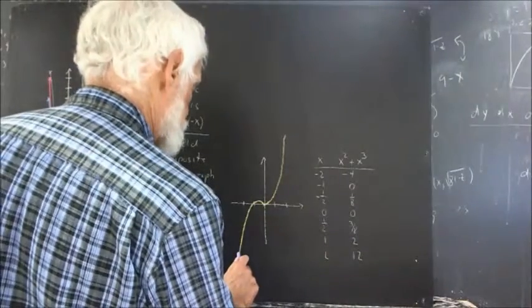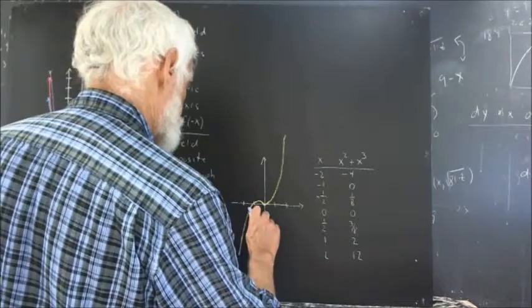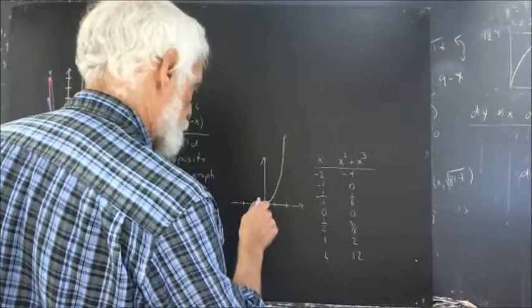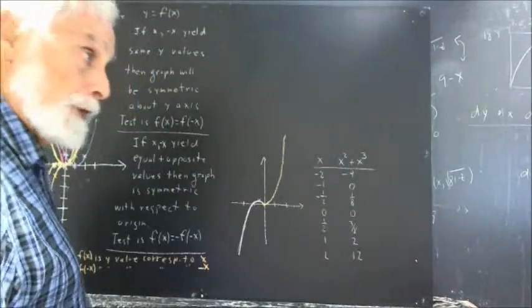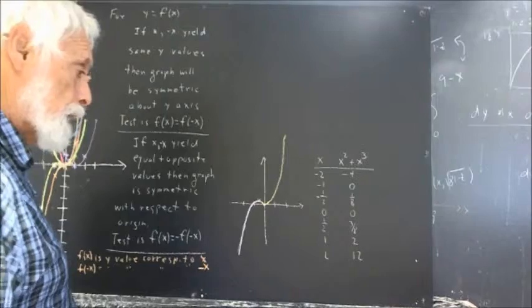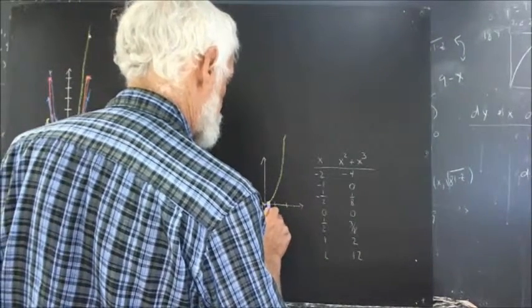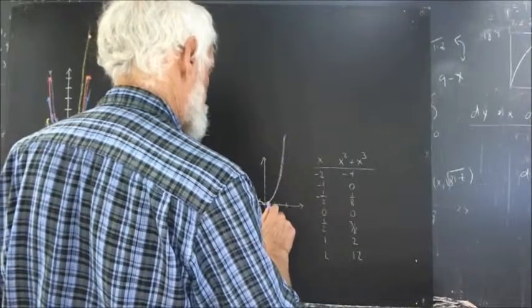The graph is increasing here, and it's still increasing, and it's still increasing, but at some point around here, it looks like it peaks and stops increasing. Then, of course, it starts increasing at 0 and just continues on increasing.